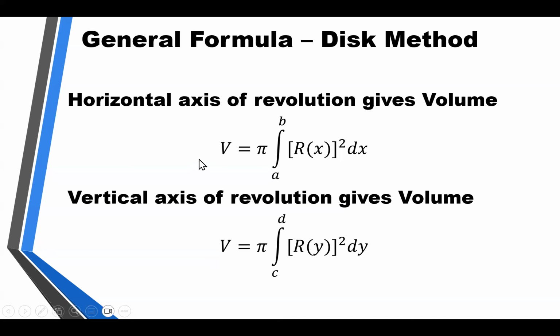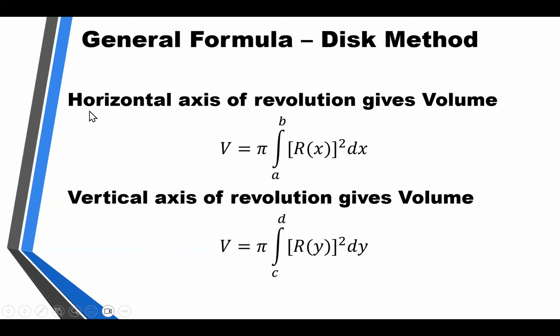But again, this is pi radius squared. You don't see the width because the width turned into an integration with respect to x. And if we have a vertical axis of revolution, then we integrate pi times radius squared, but with respect to y. So my radius is going to depend on the y values, and when I integrate from c to d, those are going to be y values.